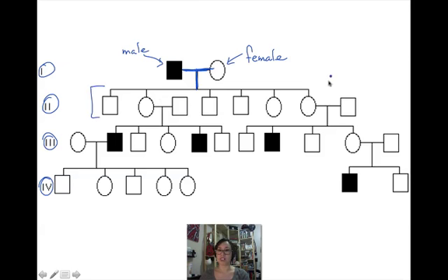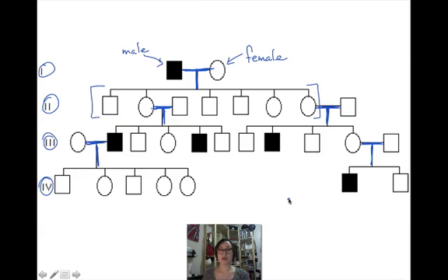So I have my children here, and if I look, I have 1, 2, 3, 4, 5, 6 children that descended from these first 2 individuals here. And then I have another mating event here in the second generation. We have a total of 2 mating events giving rise to another set of children. And then within our third generation, we have 2 more mating events giving rise to another set of children that make up our 4th generation.